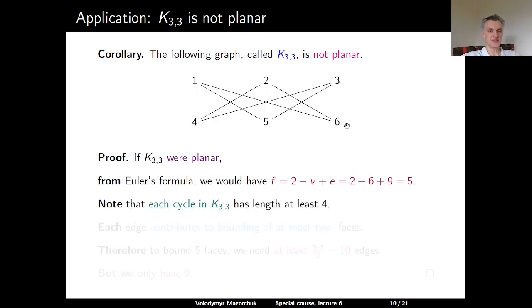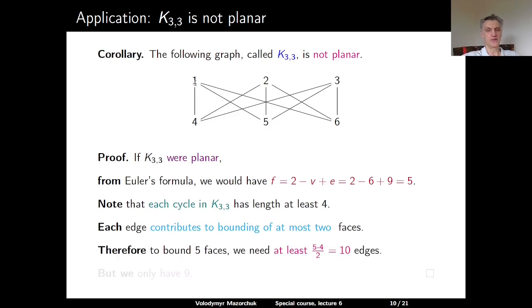Let us note that each cycle in K33 has length at least 4. So if we go from 1, we can go 4, 2, 5, and then back to 1. That's a cycle of length 4. And we cannot do anything smaller than this. Each edge contributes to bounding at most 2 faces.